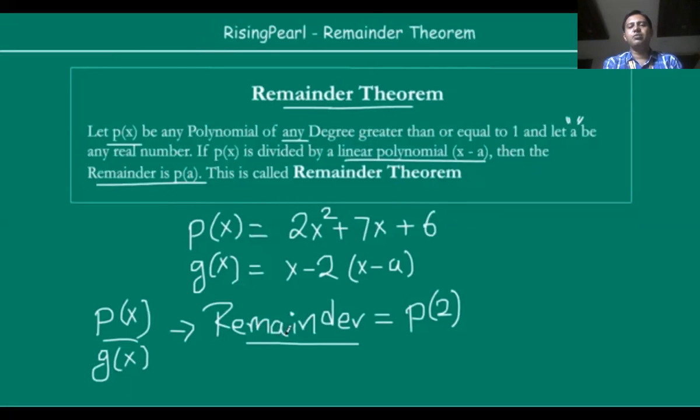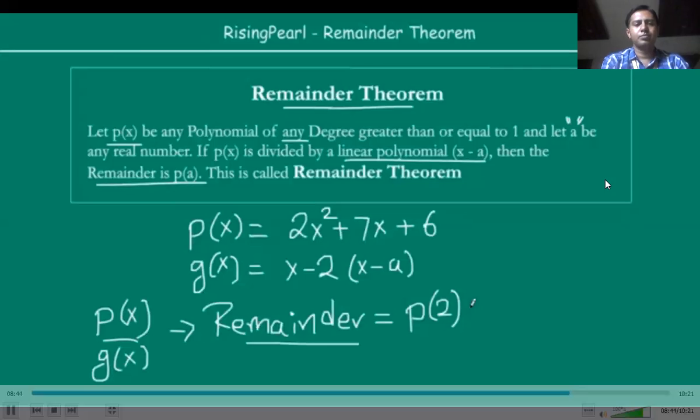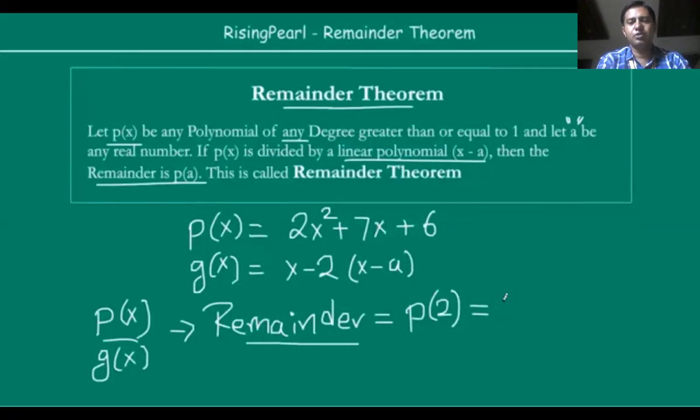To get the remainder, we apply the remainder theorem: P(2) is 2 into 2 square plus 7 into 2 plus 6.